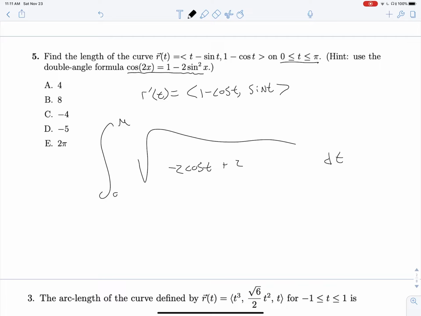But we can use this identity up here. Where you'll go wrong is seeing this identity and thinking, oh, we don't have a cosine of 2 anything. Well, actually, we do have cosine of 2 something. We have t over 2's in here. So all we need to do is replace negative 2 cosine t with negative 2 times 1 minus 2 sine squared t over 2.